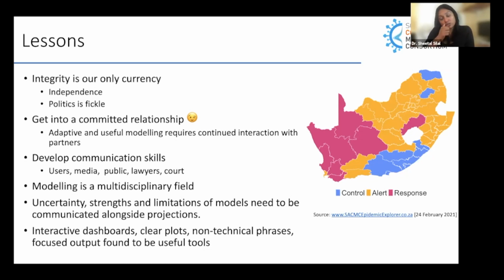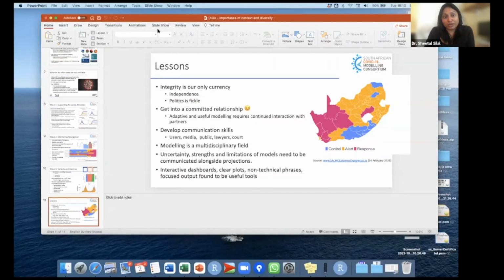I've also learned in the course of the COVID epidemic, that the use of interactive dashboards and communication tools, especially clear plots and focused output, focused differently for each partner who requires the information. These are all very useful ways to enhance and advance the implementation of your model findings and accelerate the understanding of model findings.